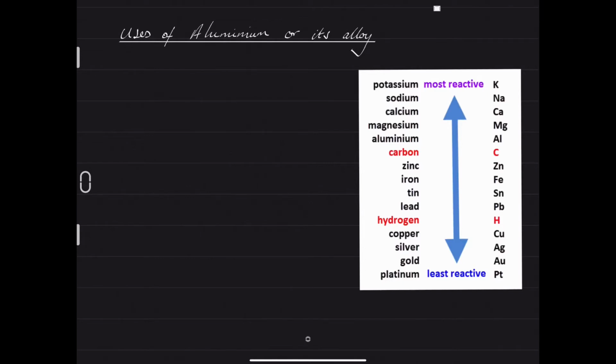Alright, okay, so here are a few points that may help with your answers. Aluminium alloys have a low density, but having said that, the alloys of aluminium are very strong.